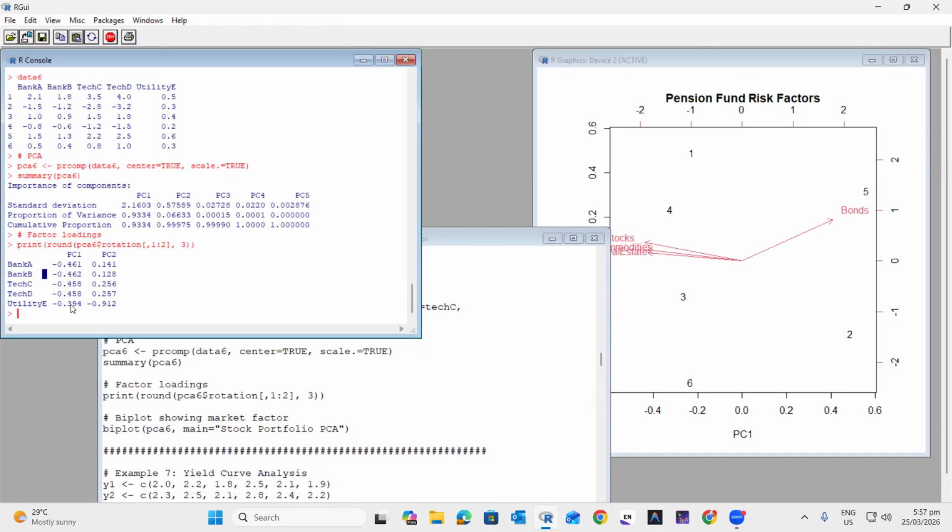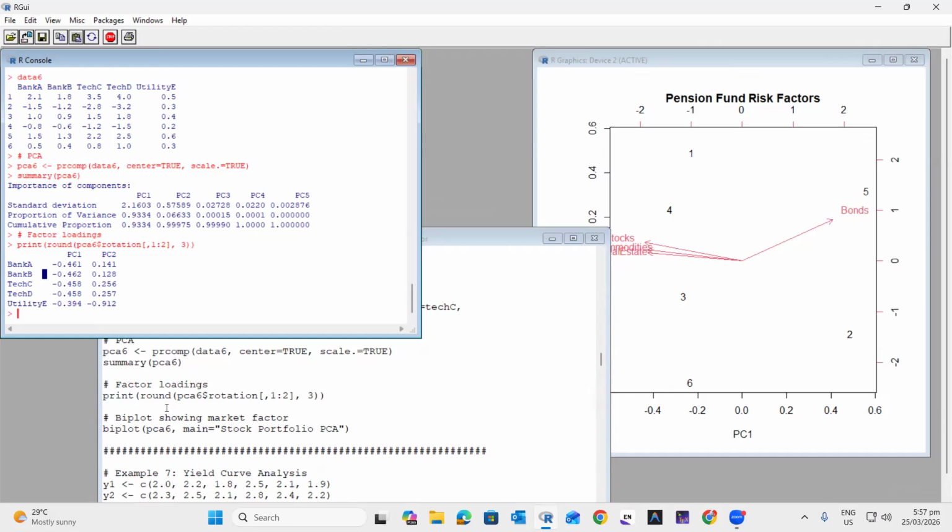PC2, basically the utility, has a large negative value, minus 0.912. Others have small positive loadings. This is the difference of utilities from the rest, basically a sector rotation factor.